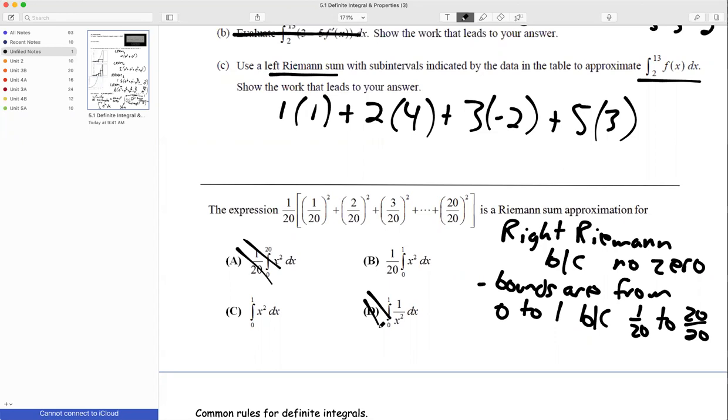Is the denominator changing? 20, 20, 20, 20. No, it is not changing. Therefore, my denominator has to be constant. It cannot be a variable, right? So I know that my variable cannot be in the denominator. Well, that leaves C or B. Which one is the right answer?